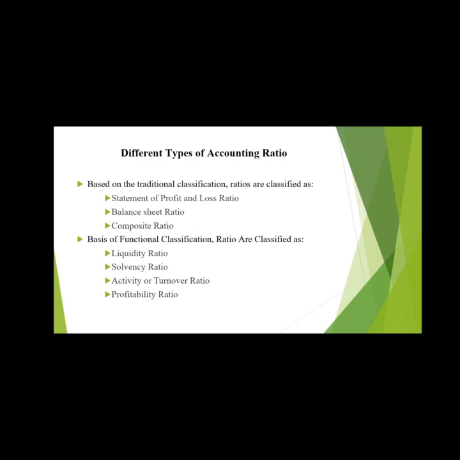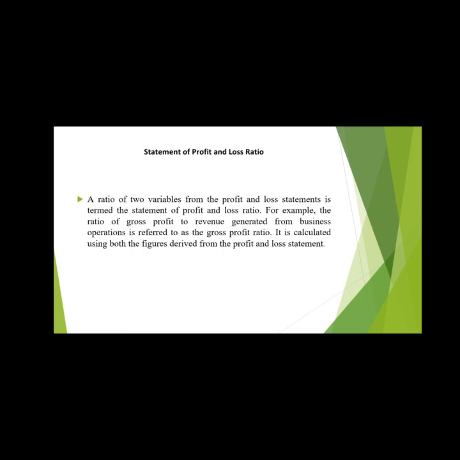First of all, we are going to see on the basis of traditional classification. The first ratio is statement of profit and loss ratio. A ratio of two variables from the profit and loss statement is termed as statement of profit and loss ratio.